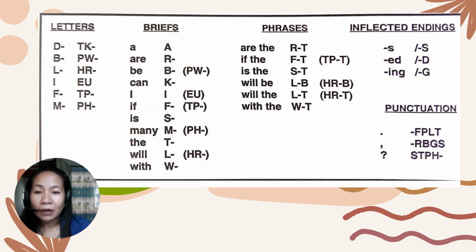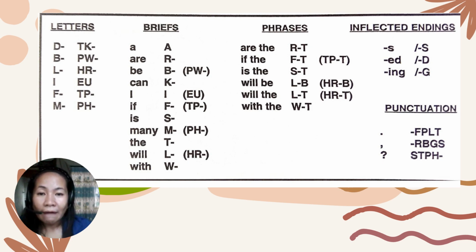And for brief forms, for the word A, you're just going to press the letter A. For the word R, you're going to press the letter R. For B, we have the initial B, with the stroke PW. For can, we have the letter K. For I, we have EU.